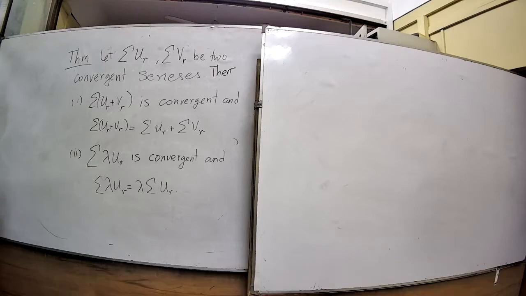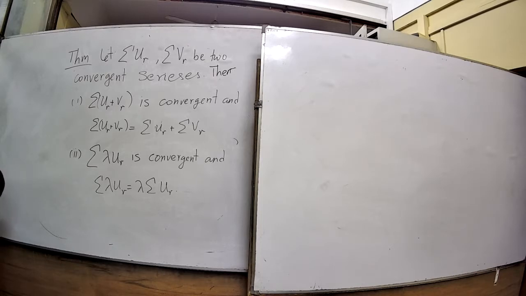At the same time, the summation is the same as multiplying the summation by the constant itself. So that is the first property we are going to study about the convergence of series.